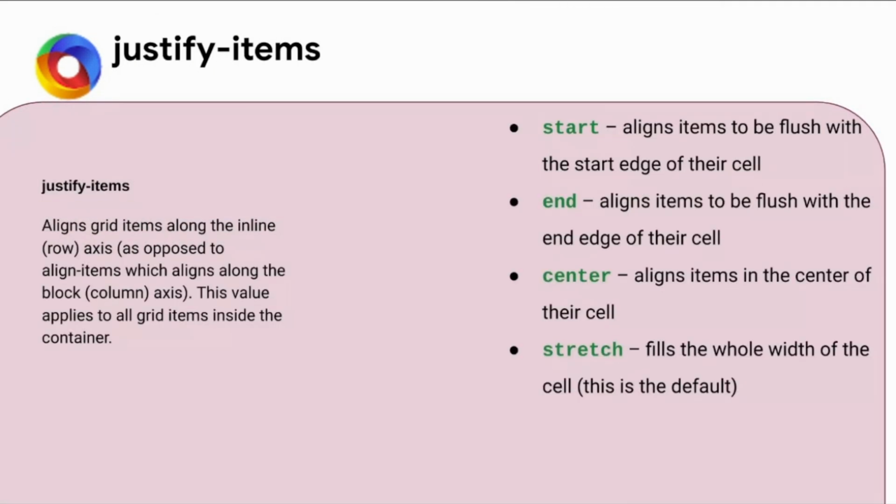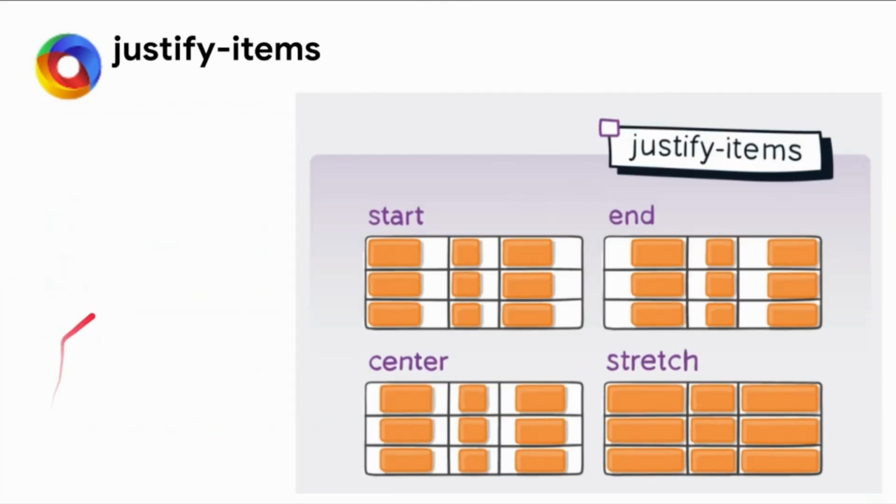Okay, so similarly we have justify items. What exactly is justify items? Suppose there is a grid, and all the inner grid cells have different lengths. They are not taking the proper width, but the grid container size is perfect, and only the inner children have some issues.